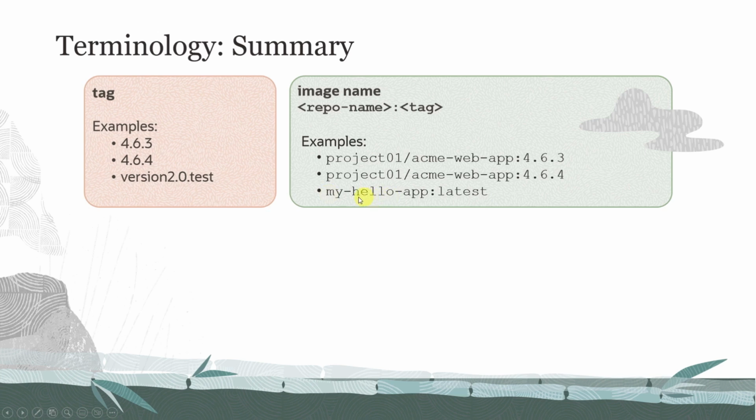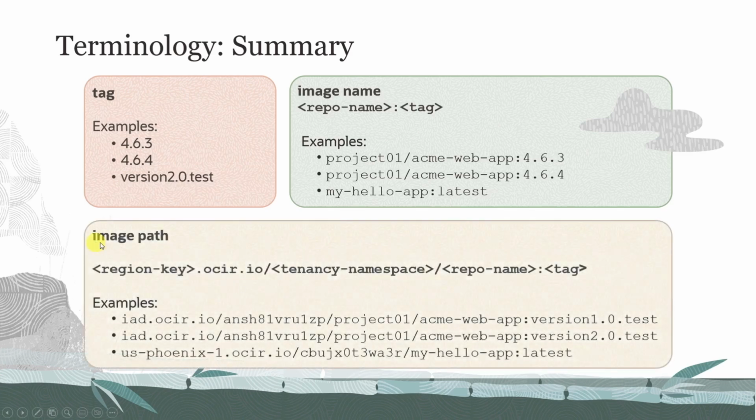Third example here, we can see that the repo name is my hello app and colon separated by the image tag, which is latest. An image path is a fully qualified path to a particular image in a registry. It extends the repository path by adding tags associated with the image.